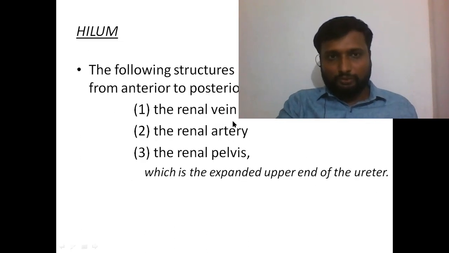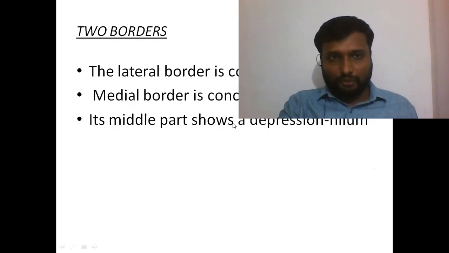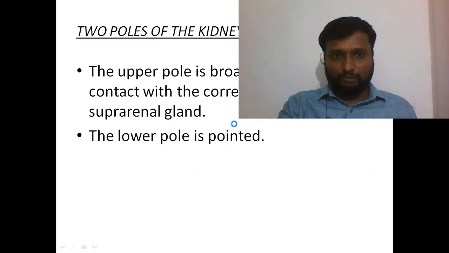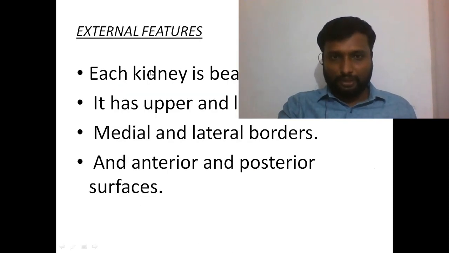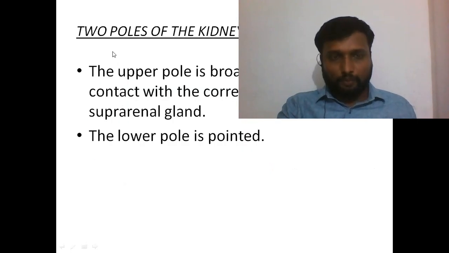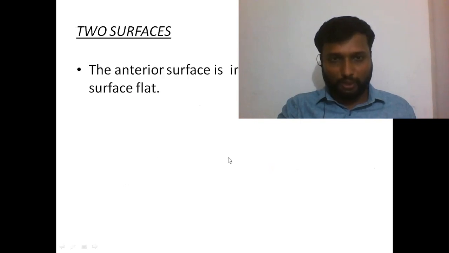So the features of the kidney are over now. We'll see them again. What are the features? Each kidney is a bean-shaped structure having two poles, upper pole and lower pole, then two borders, medial border and lateral border, then two surfaces, anterior and posterior surface. The upper pole, I told you, is broad and is in relation with the suprarenal gland. The lower pole is pointed.